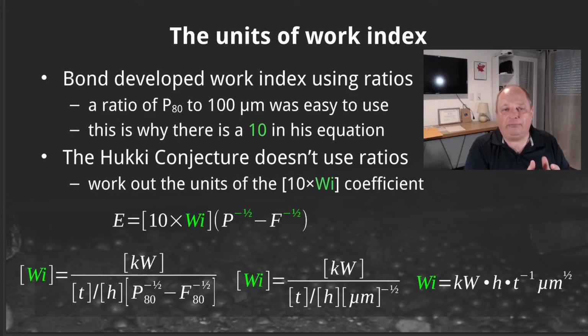When Bond developed it, he was working with ratios, and a ratio to a size of 100 microns was convenient to use. It was easy to calculate. That's why the 10 is there. That to me is an antiquated way of describing a work index. This more modern version doesn't use ratios, and we can set the 10 to be unitless. It's just a meaningless scaling factor.